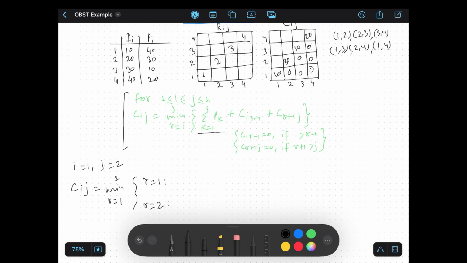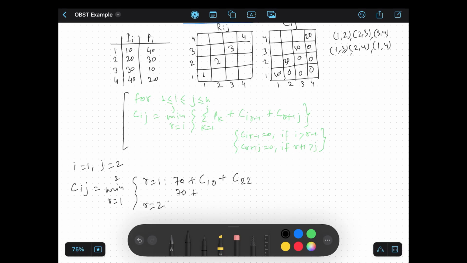So i to j is 1 to 2, which means sum of probabilities 1 to 2. So then sum of probabilities from 1 to 2 is 40 plus 30, which is 70, plus cost of i, r minus 1. R is 1, 1 minus 1 is 0, plus cost of r plus 1, which is 1 plus 1, 2, and j is 2.